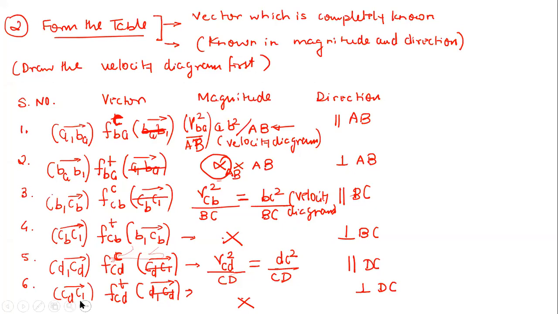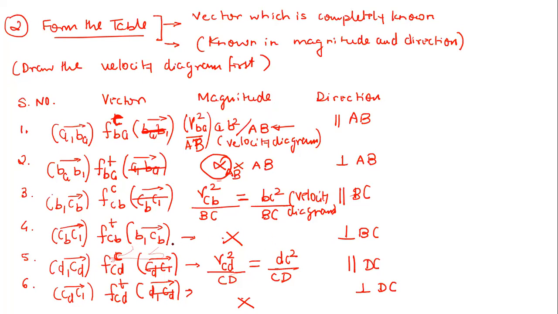The only thing you have to figure out, if you observe this table very carefully, is that the centripetal components are always possible to calculate from the velocity diagram. You have to remember this. If you draw the velocity diagram, you know the velocity of point B relative to A, similarly the velocity of point C relative to B, and similarly the velocity of point C relative to D. So the centripetal components are always possible to calculate from the velocity diagram.